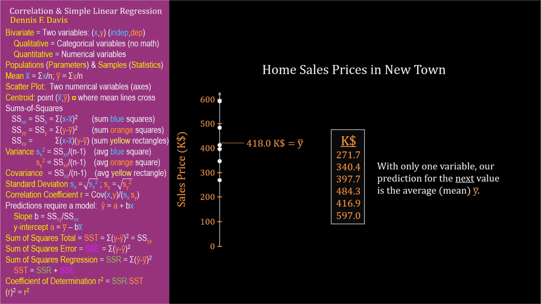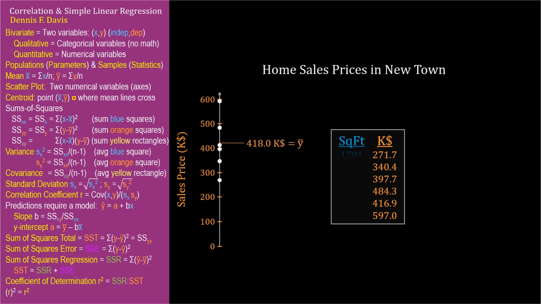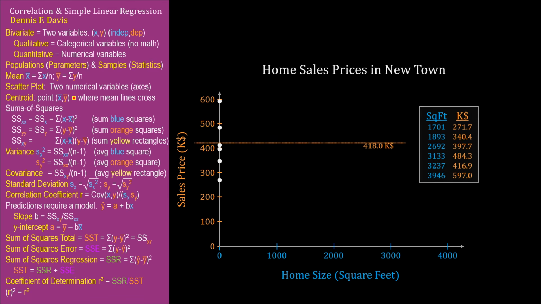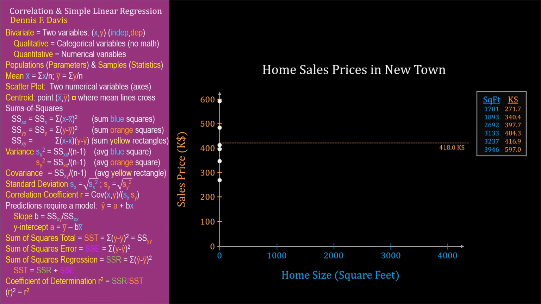But now let's consider a second variable, so that for each home value we also know the square footage of the home. When both variables are numeric, we can graph the points on a two-dimensional diagram called a scatter plot. Let me clear a little room and show these data points in 2 dimensions. Each point on the graph represents 2 variable values simultaneously.